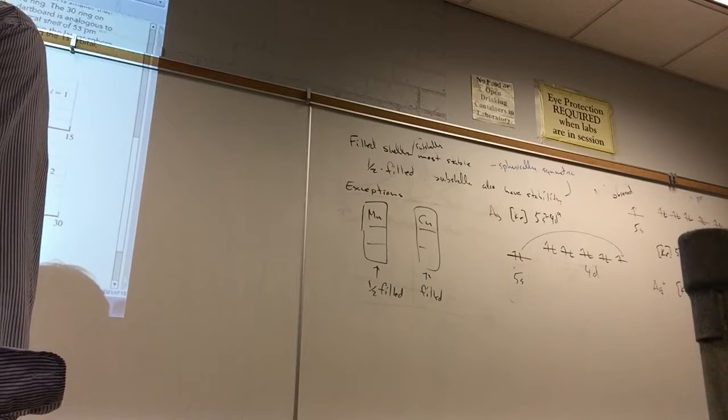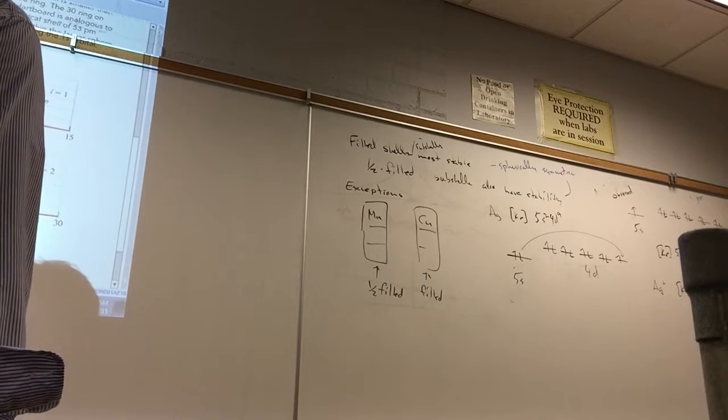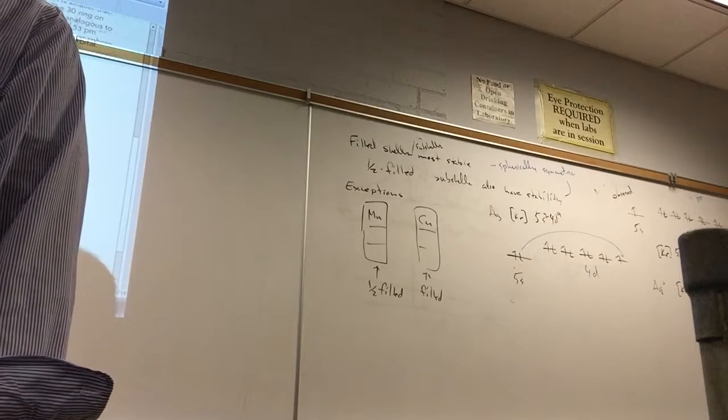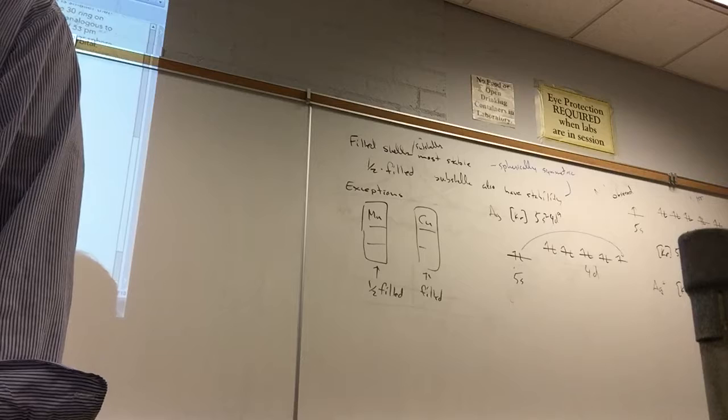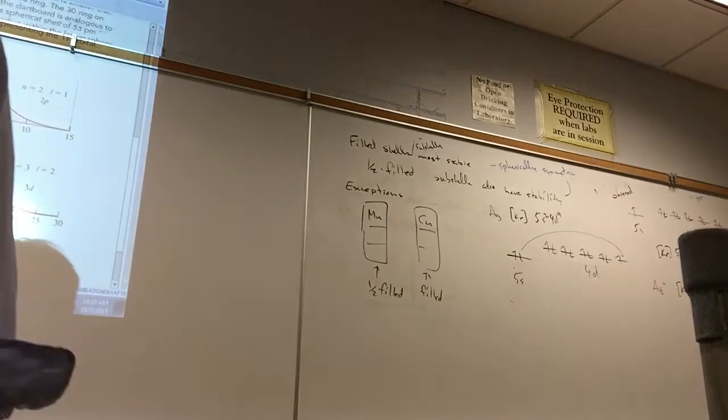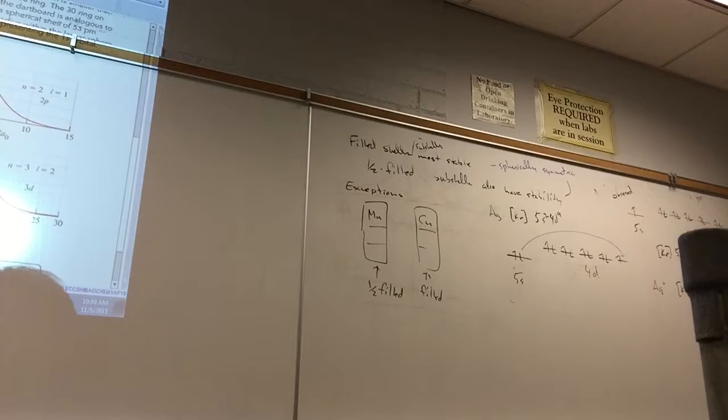Now the other transition metals, they'll have variable charge because it depends on how strong the oxidizer is. Can the oxidizer pluck off one of the 3Ds? If it can, then you're going to have multiple or variable charge. So for example, the electron configuration of iron is 4s2 3d6. An oxidizer comes along, plucks off 2 electrons, we'll get iron 2+, which is 3d6.